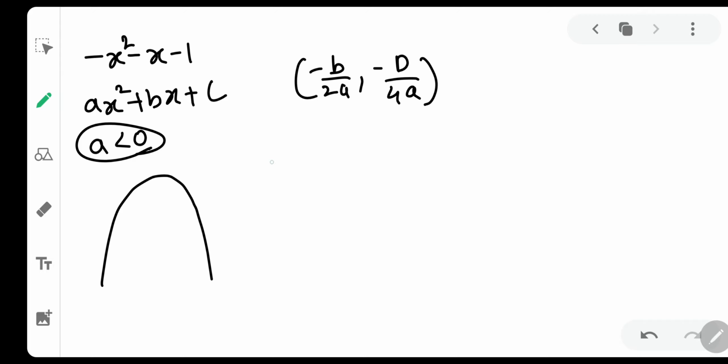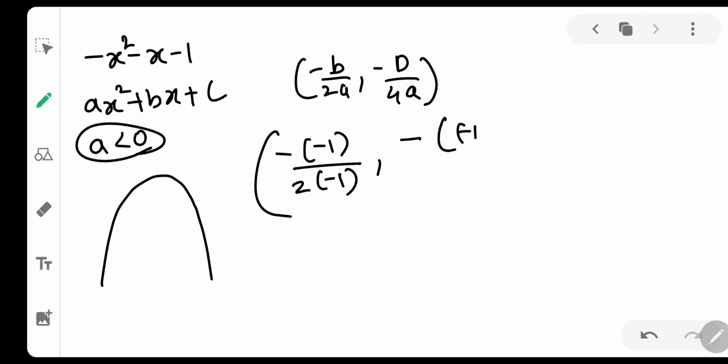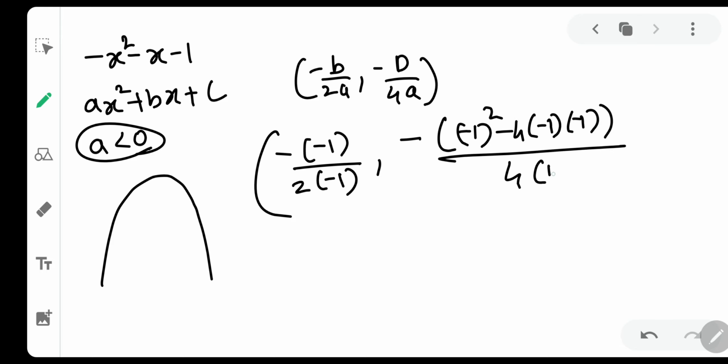So minus b by 2a: b is minus 1, so minus of minus 1 upon 2 into minus 1, and minus d will be b square minus 4ac upon 4 times minus 1.